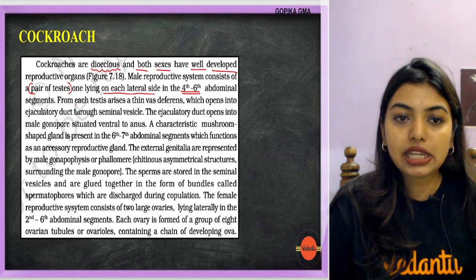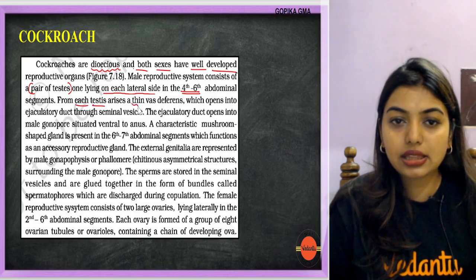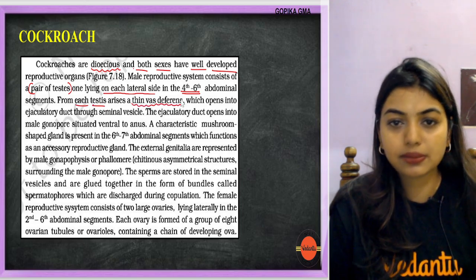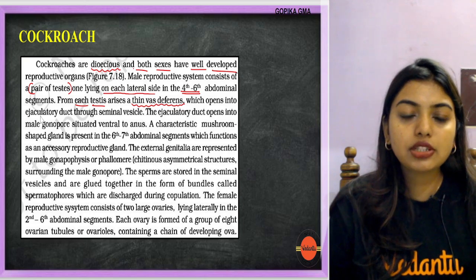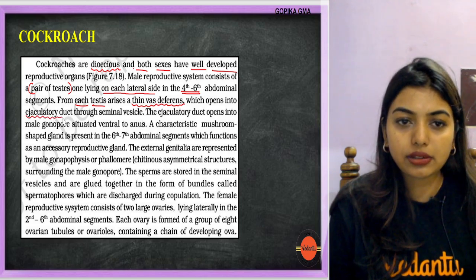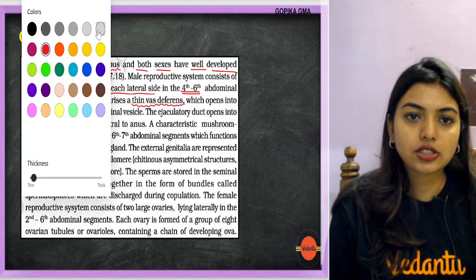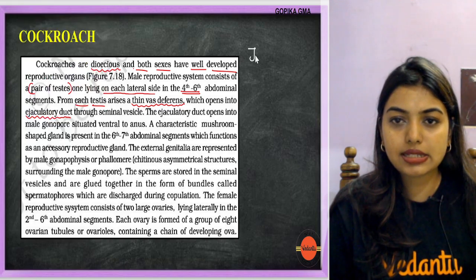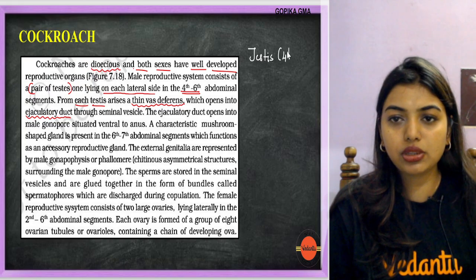Now from each testis arises a thin vasa deferens, which opens into the ejaculatory duct. So testis is there, present between the 4th to the 6th segment.